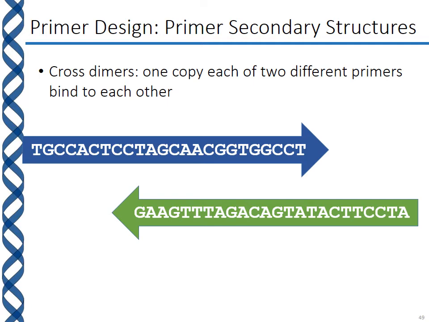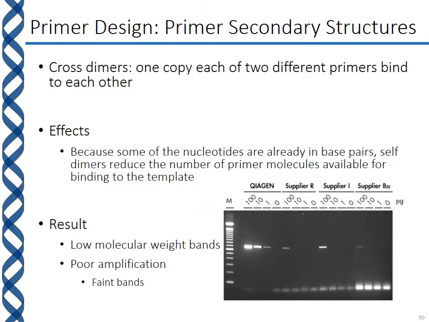However, despite the fact that they are designed to sit 300 base pairs apart, it also turns out that there is some complementarity between each of these primer sequences, so they can end up binding to themselves, and then as we saw with the self dimers, the polymerase would come along and extend the rest of those strands until you had the complete primer dimer.